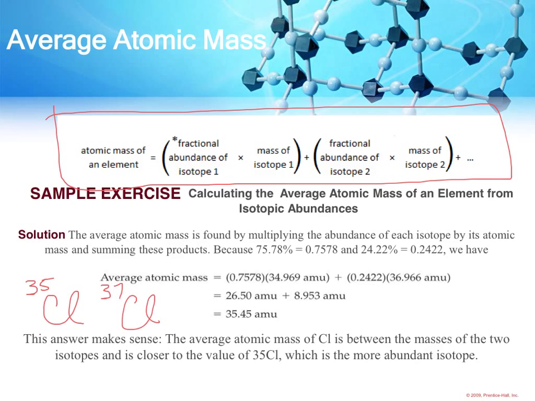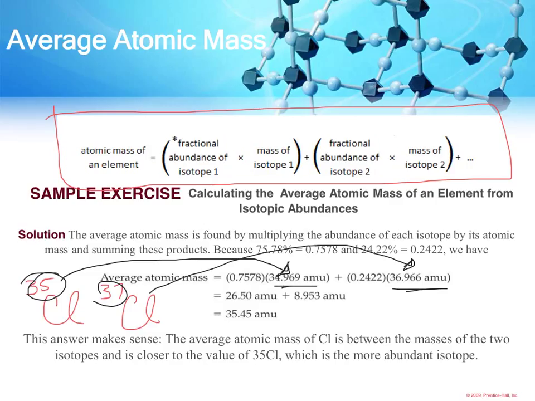And so you might ask yourself, why can't I just use the number 35 in the formula and the number 37? Why am I using these really precise decimal forms? If given the choice in a problem to use a rounded value or a much more precise value, go ahead and use a more precise value. And since they gave those to you in this problem, that's what you want to use.